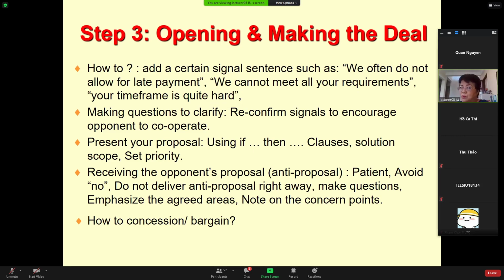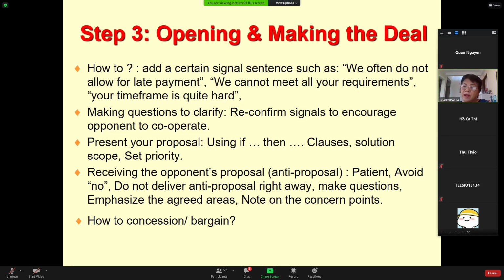How to, okay? Can we make that? At a certain signal sentence, such as we often allow a late payment, we cannot meet your requirement, your time frame is quite hard, etc. So this gives you some examples for opening and making the deal.